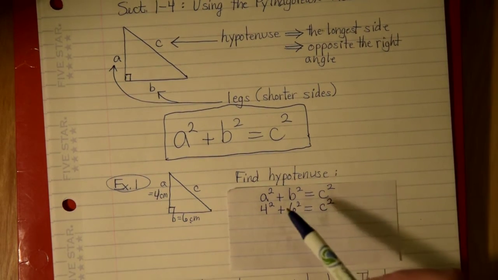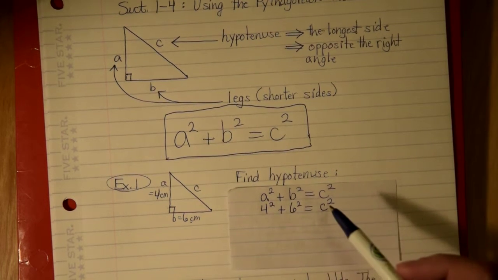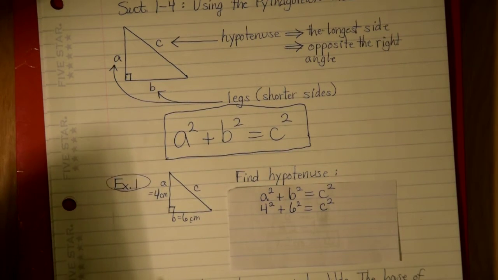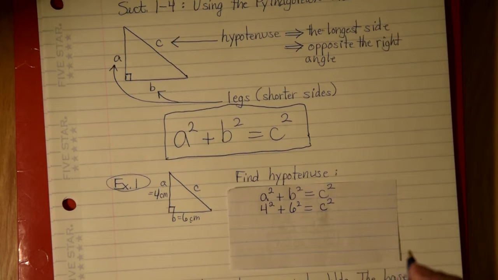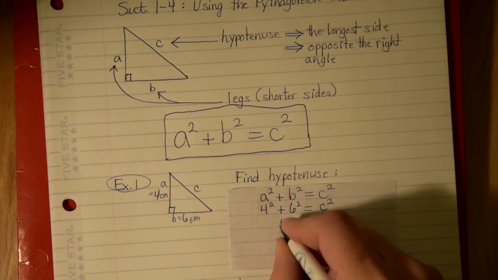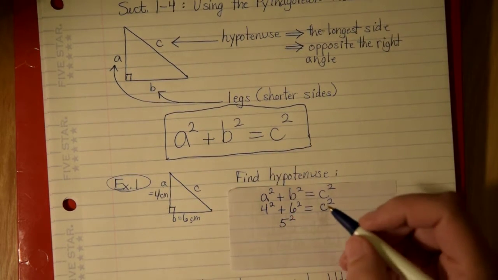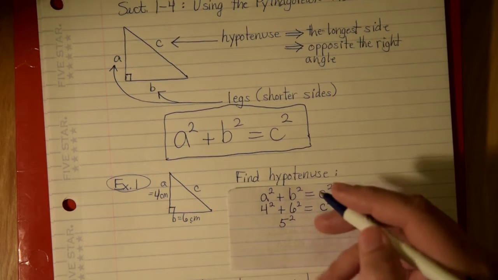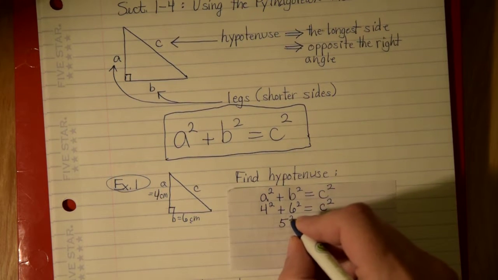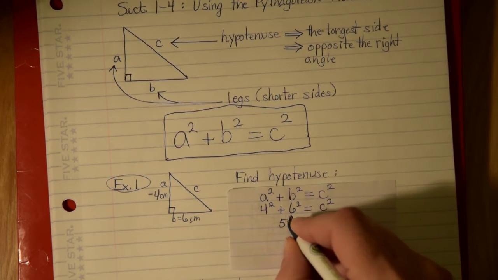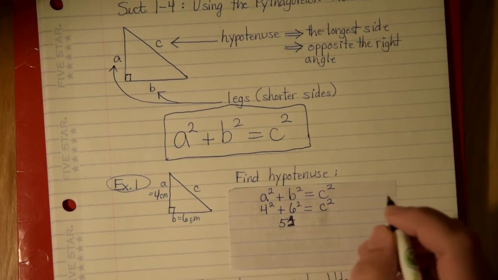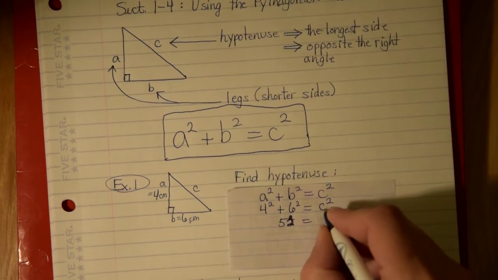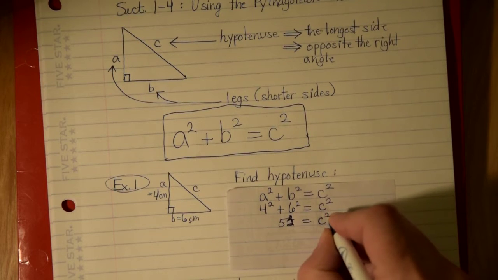And then 4 squared plus 6 squared, if you do that on your calculator, you should find that equals 52. Squared means times itself, so this is 4 times 4 plus 6 times 6. Oops, sorry, this is 52, not 5 squared. And this is still C squared.